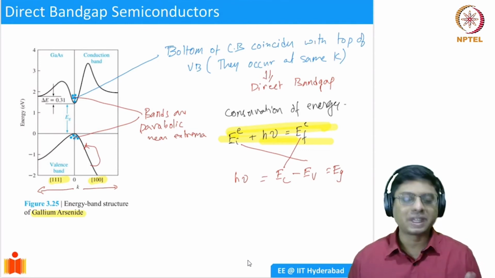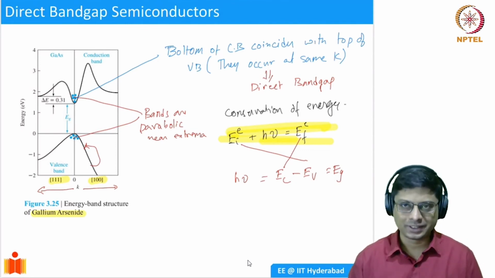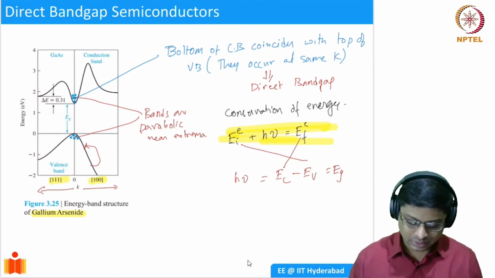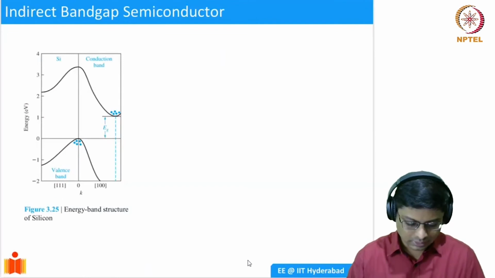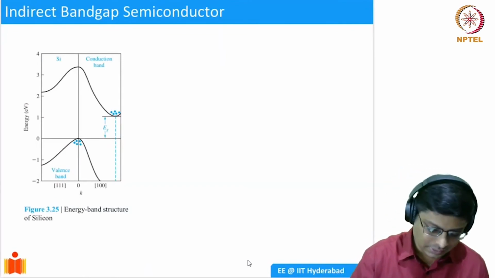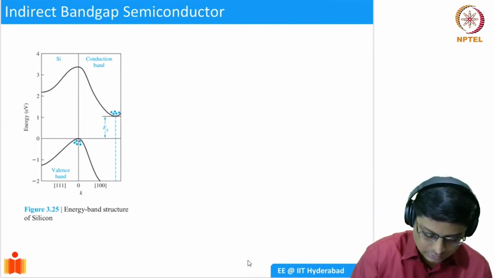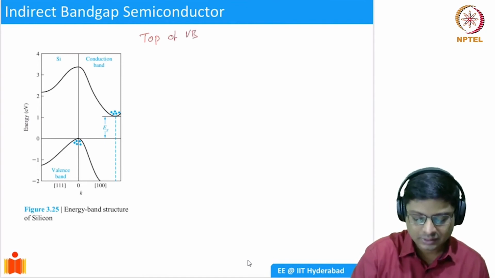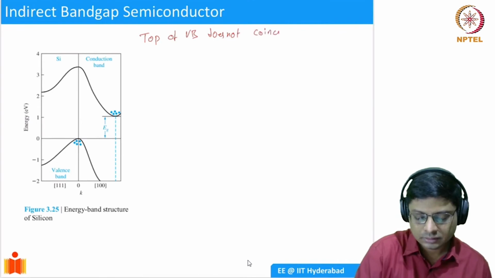In addition to this, we have what are known as indirect bandgap semiconductors. In an indirect bandgap semiconductor, you have the EK diagram, which looks slightly different. In this case, the maximum of the valence band does not coincide with the bottom of the conduction band.